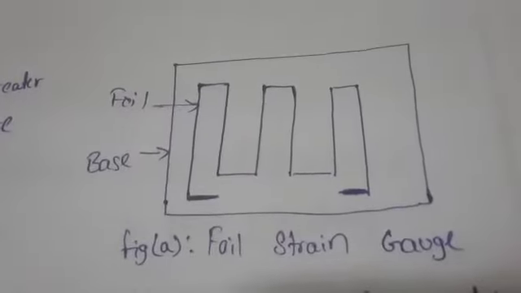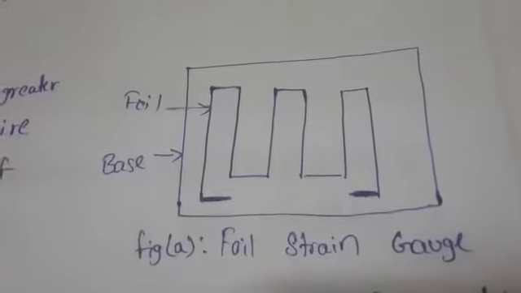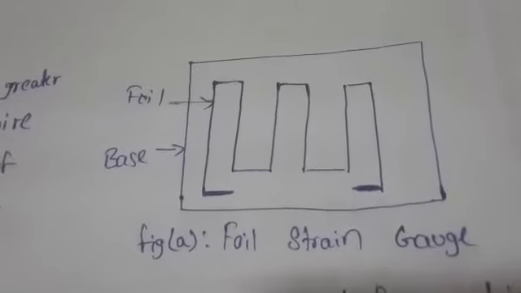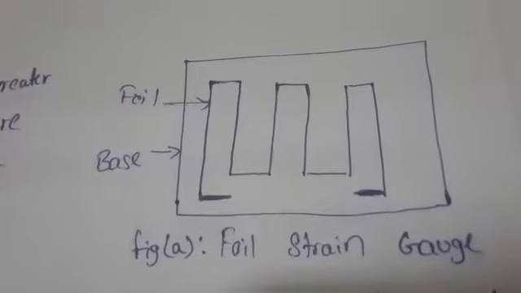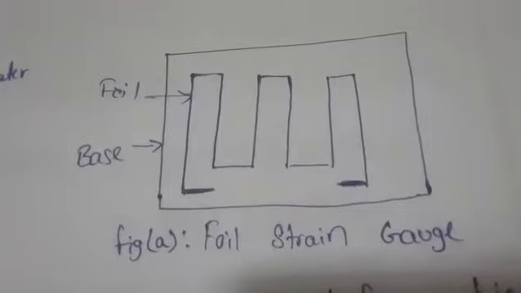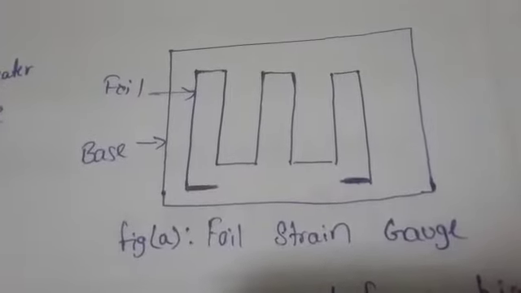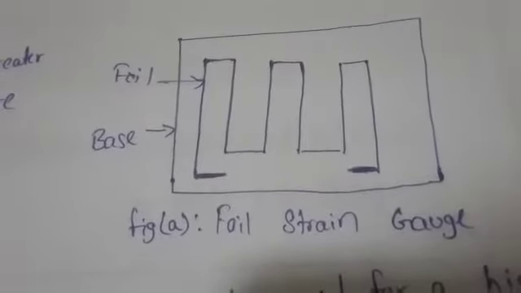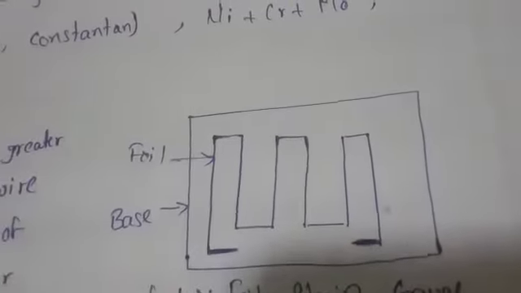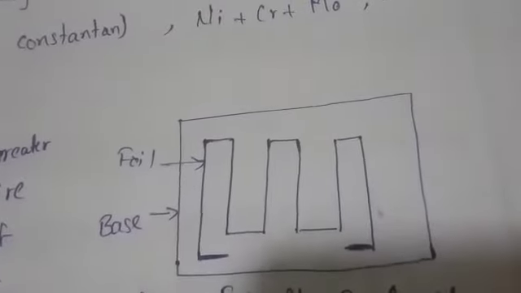Foil strain gauges have a greater dissipation capacity than wire strain gauges. For this reason, they can be used for a higher operating temperature range.